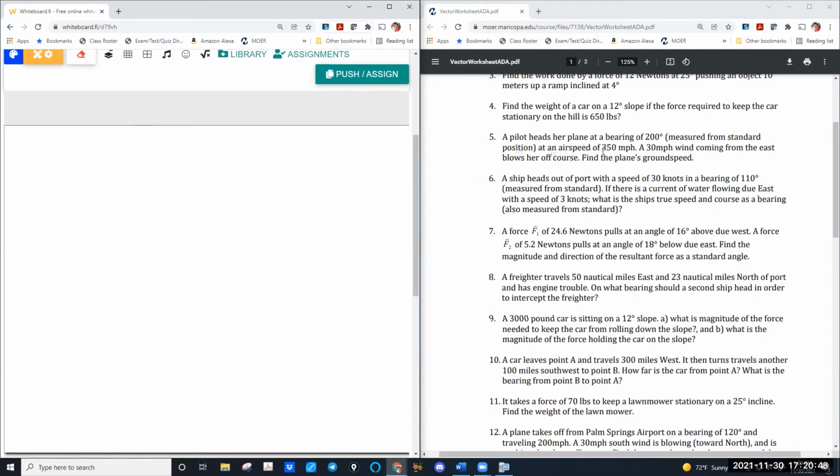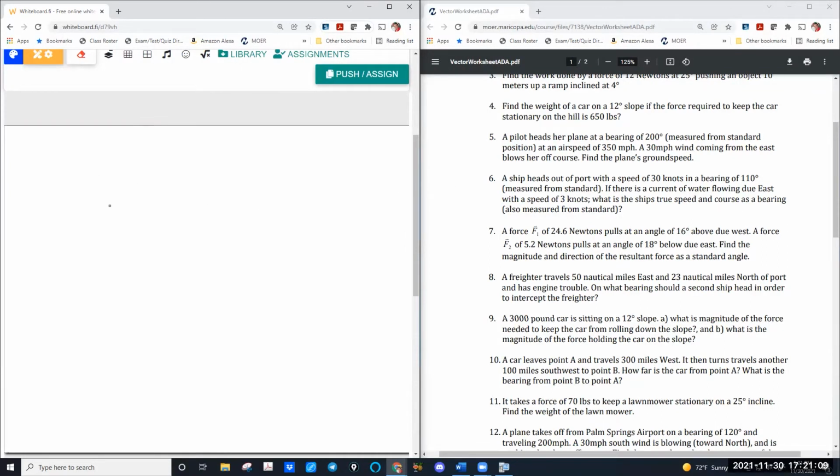So what ground speed is, it's basically the sum of the airspeed and the wind together gives the ground speed, because the pilot's instrument says they're going 200 degrees at an airspeed of 350 miles an hour. But if you're looking at it from the ground, you see the wind included in that.